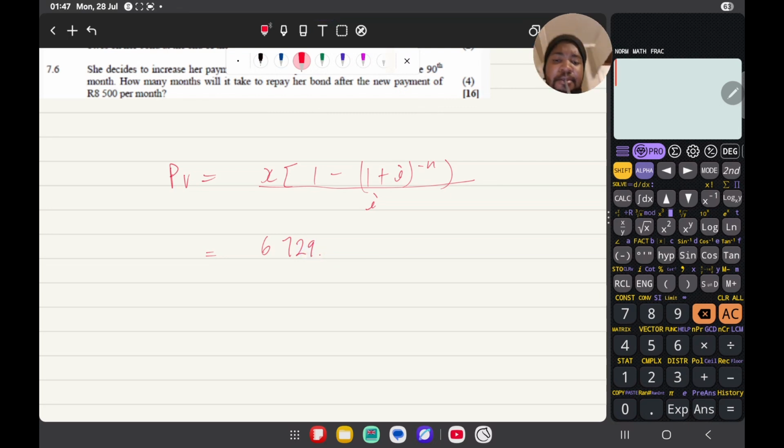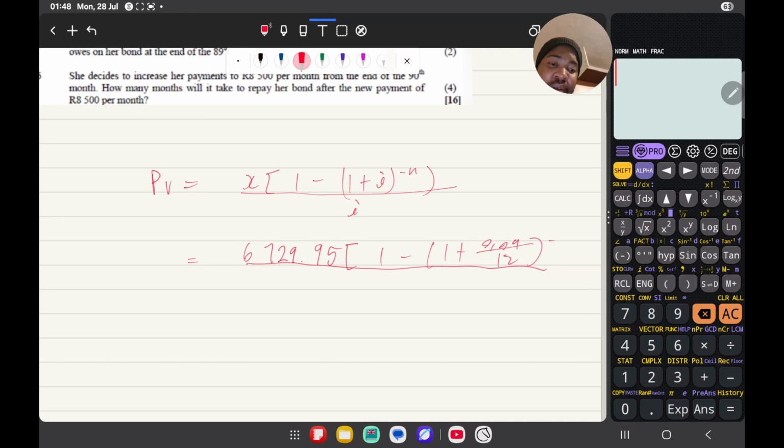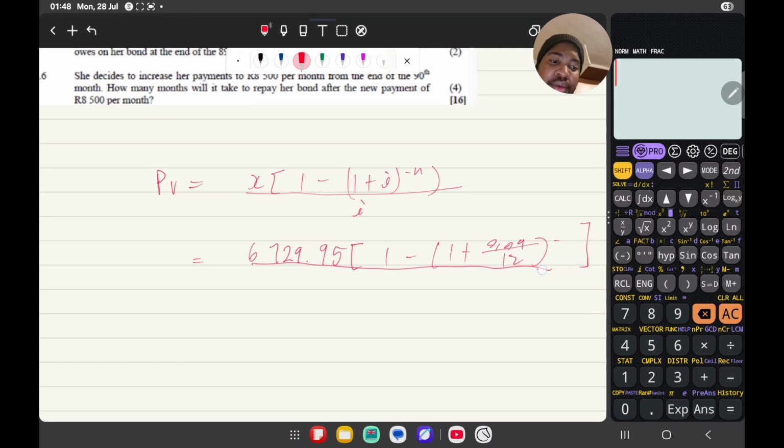Yeah, I think it is 6,729. Let me look back. Yeah, 95 cents. 1 plus 0.09 over 12, minus n. Let me just close it, but I'm going to put a value there. So I have 0.09 divided by 12.